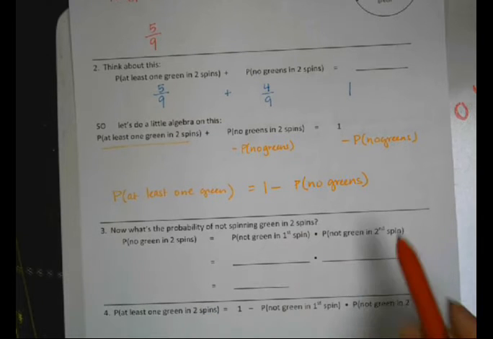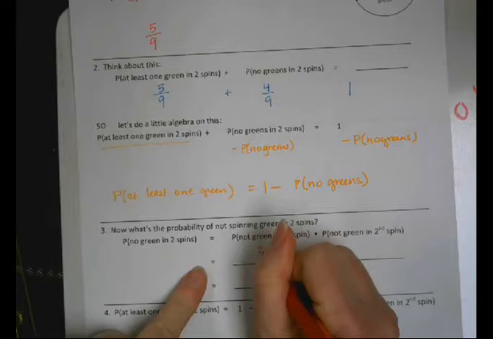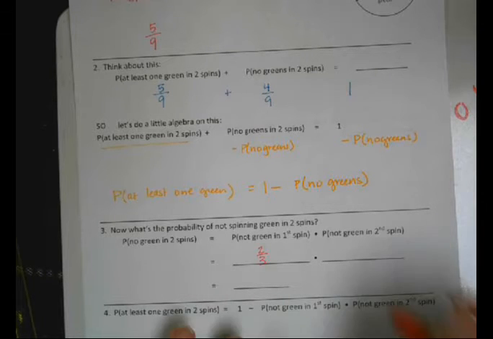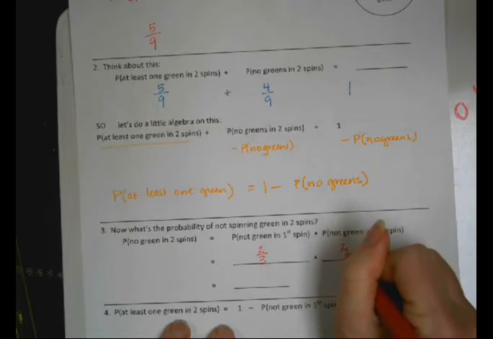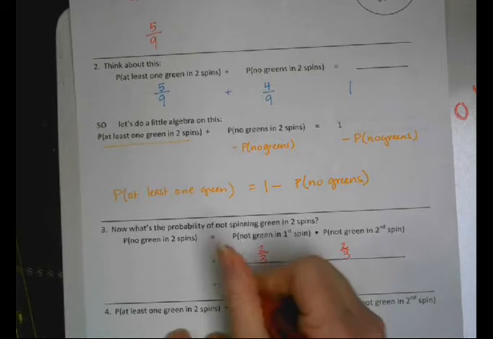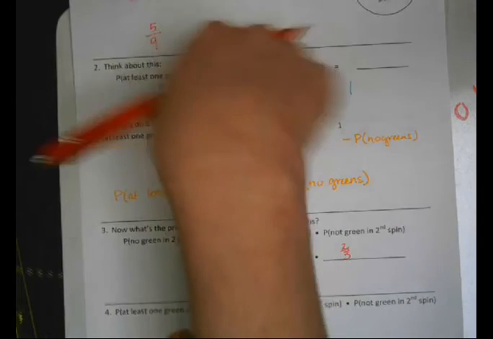Well, what's the probability of not spinning a green in 1 spin? 2/3. And what's the probability of not spinning a green in the 2nd spin? It's also 2/3. So the probability of not spinning a green in the 1st spin and the 2nd spin, so it's multiplication, that gives you 4/9, which is exactly what we got when we made the picture.